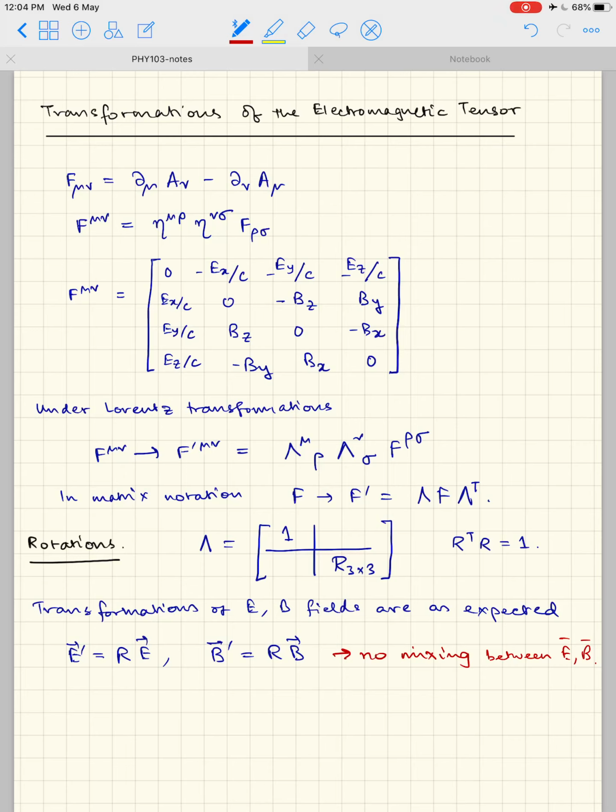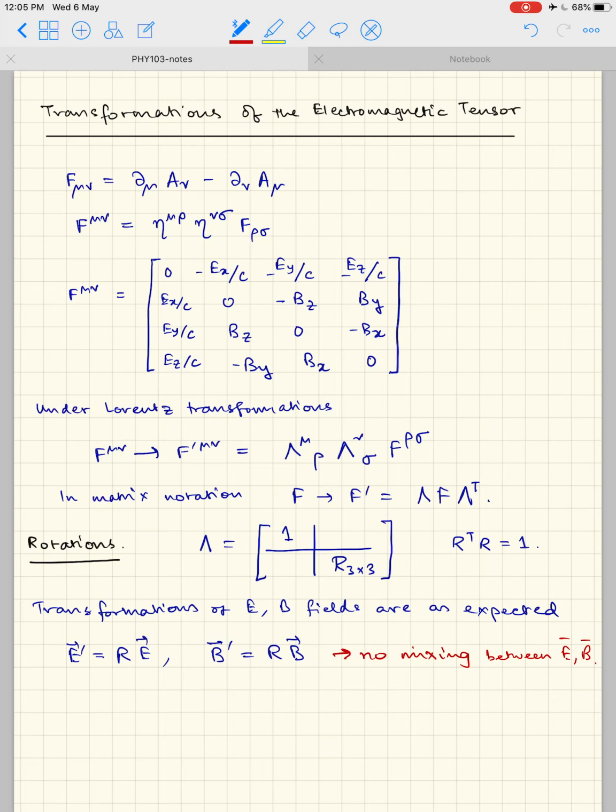The matrix elements which belong to the electric parts have either mu equal to 0 or nu equal to 0, and the 0 component of lambda is 1 and the other 0 components are all 0. So this means that the electric fields do not transform into magnetic fields; they don't mix things up.